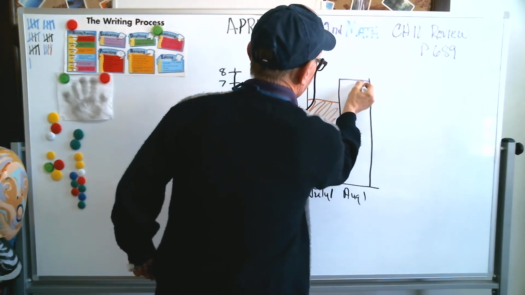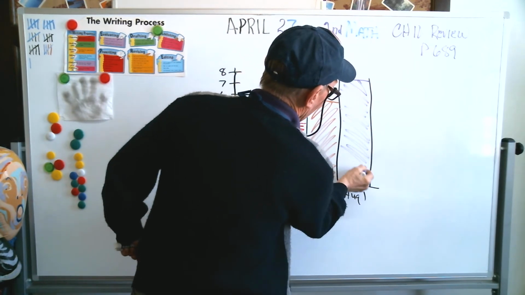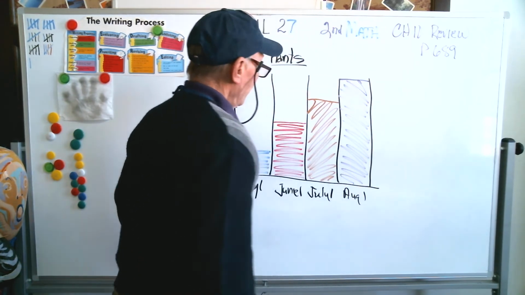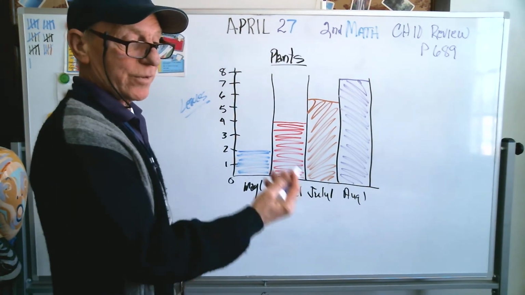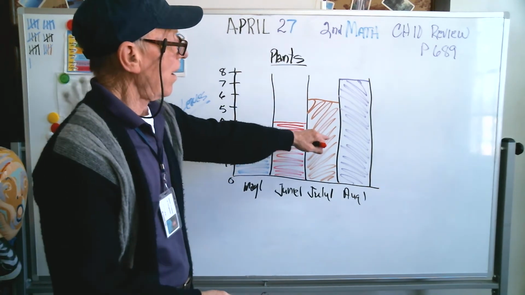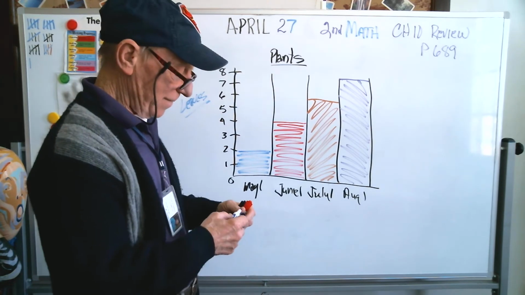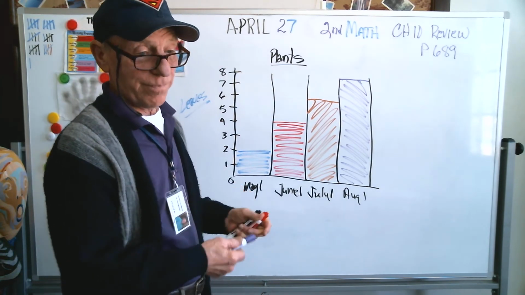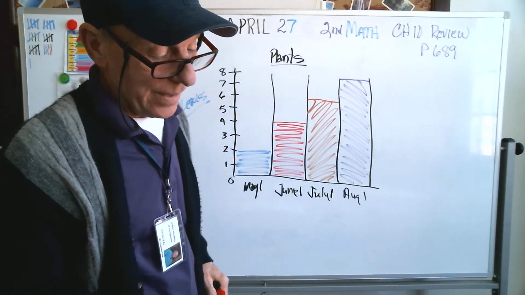And this would be our bar for August. So there you go. We just built a bar graph. You just build the bars at the appropriate measurement as indicated by the number of leaves based on the data that you were given.